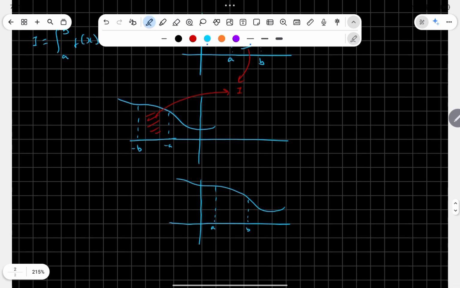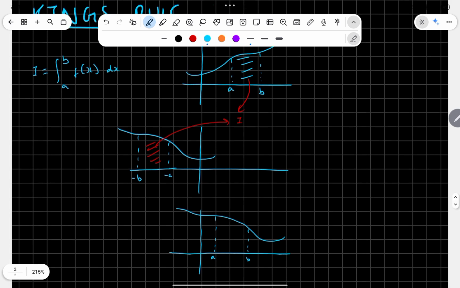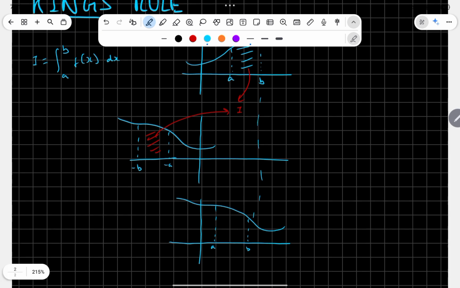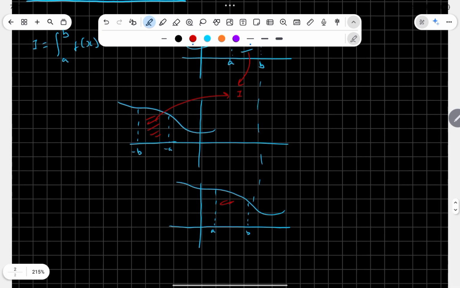What I've done is I've slid this graph sideways by a plus b, such that it aligns back with b and aligns back with a. Right? And again, this is still going to be I.